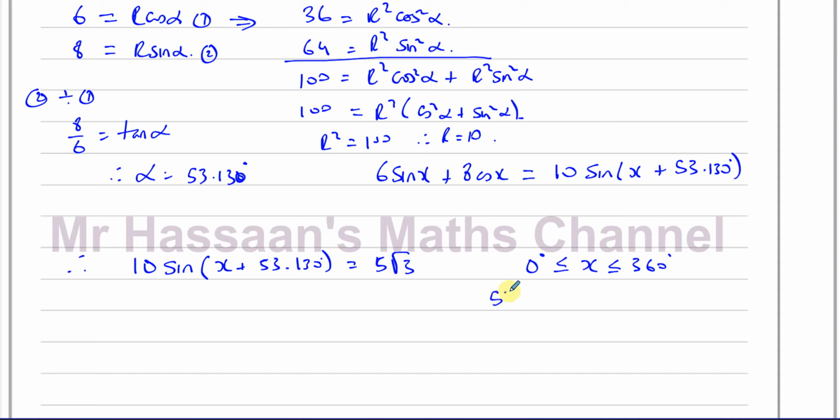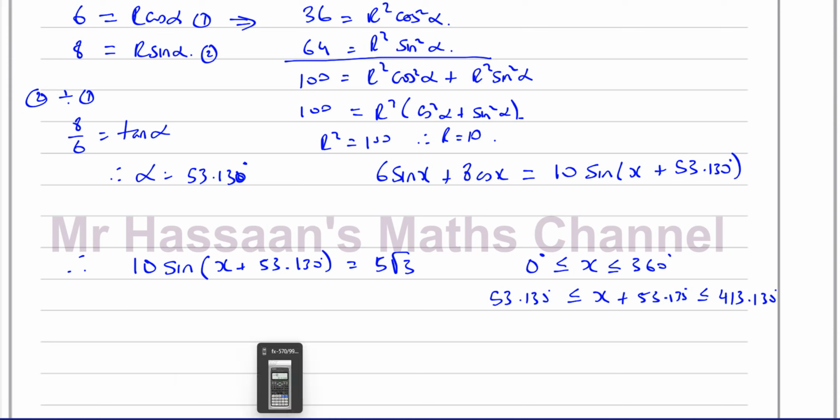Okay, so now the only adjustment needed is to add 53.13 to each of these. So that will tell us where to start and where to stop in our limit. So we have x plus 53.130. So 360 plus 53, I think that's 410, right? So 413, sorry. So 413.130.